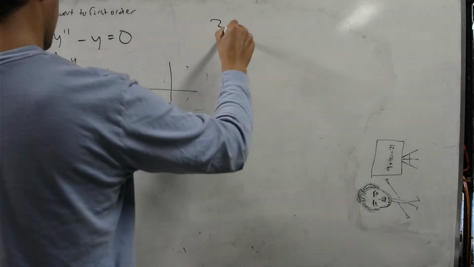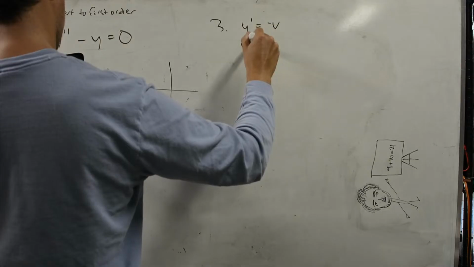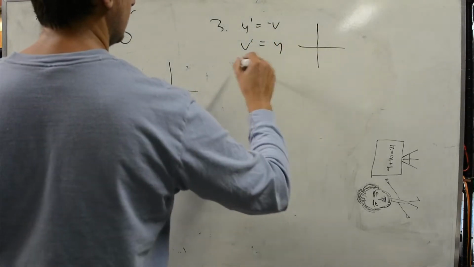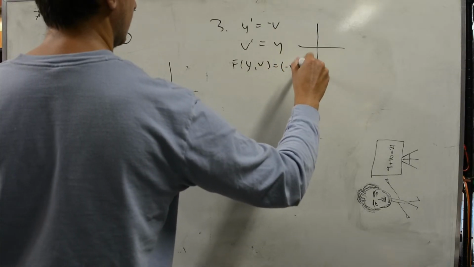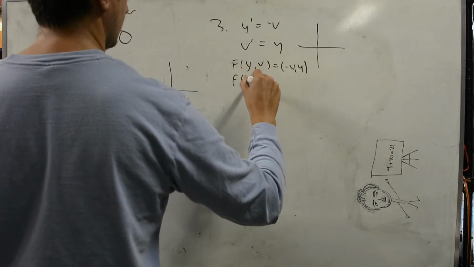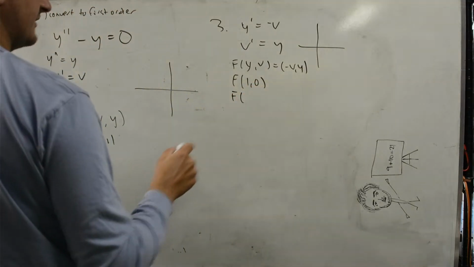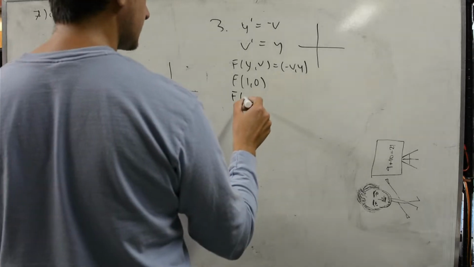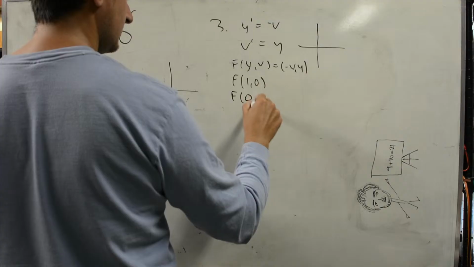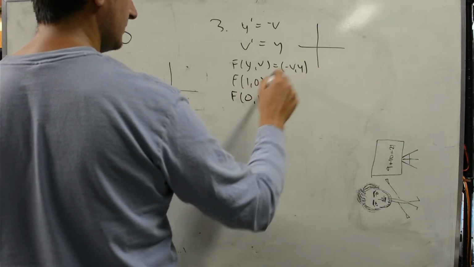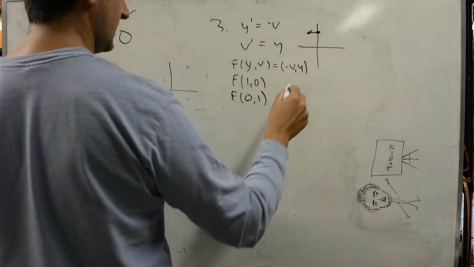In 3, we had... I think I did 3 wrong. If you have (0, 1) here, then you're going to get minus.